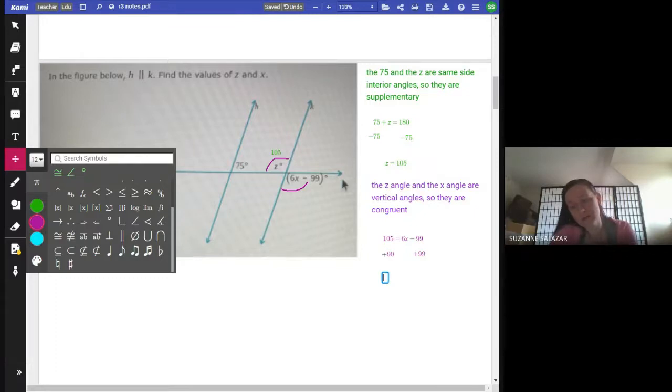So I've got 204 equals 6x. And then I'm going to divide both sides by 6.